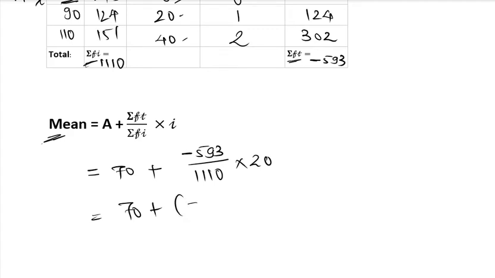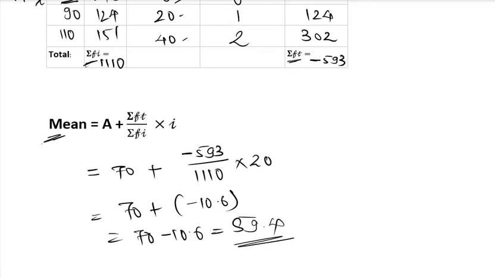So this is going to be minus 10.6, and 70 minus 10.6 is going to be 59.4.